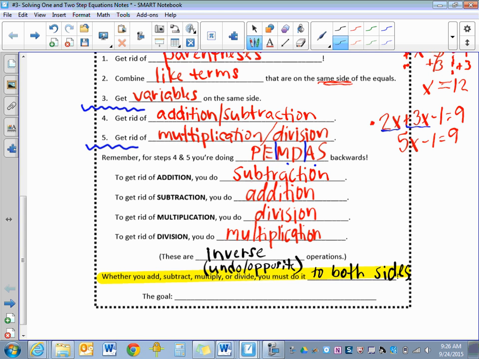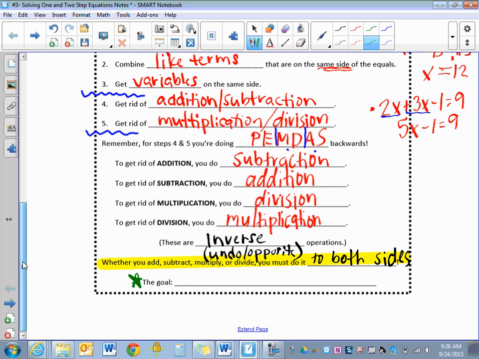Alright, so in the end, our ultimate goal, what we're trying to do with all of this, is to get the variable isolated, or by itself. So our goal is to isolate the variable, which just means get it alone.